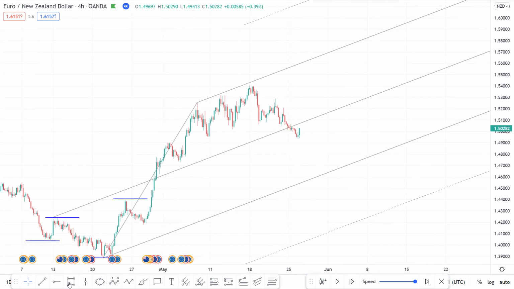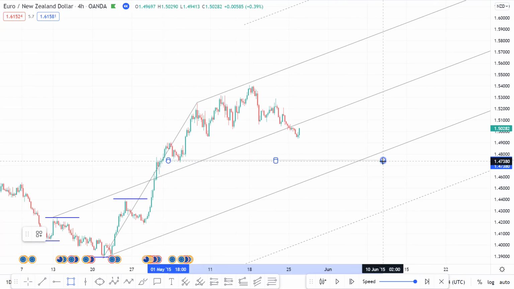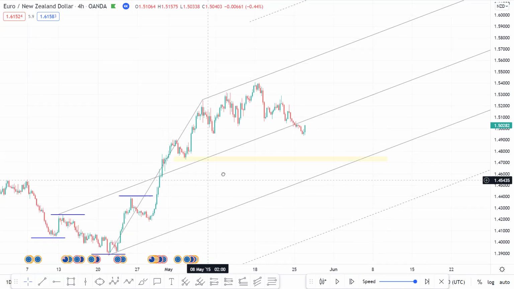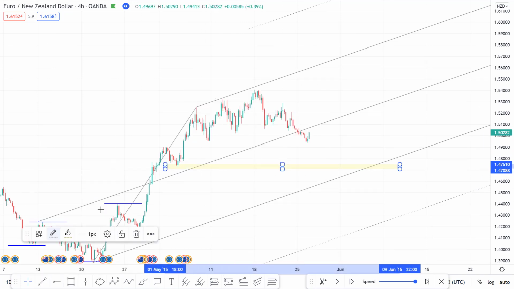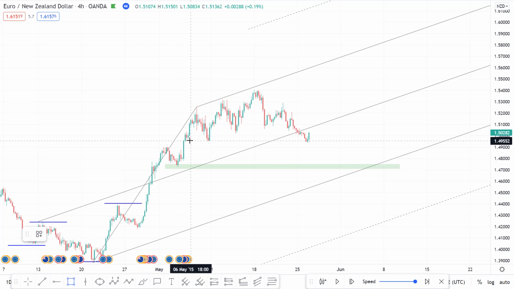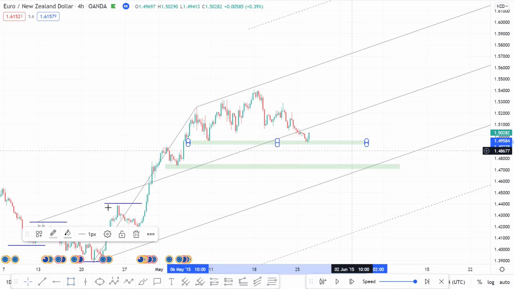We might come and retest this area here, which is the major structure there, and let's just highlight this most recent one that price seems to have pulled back to, which is the minor.